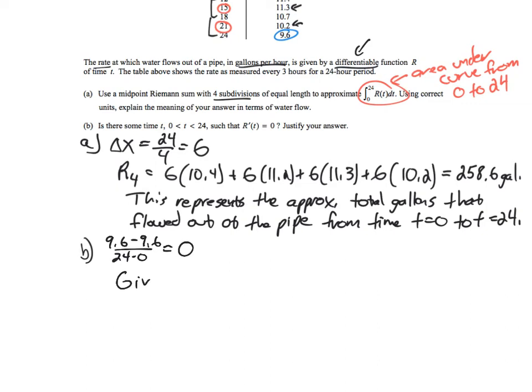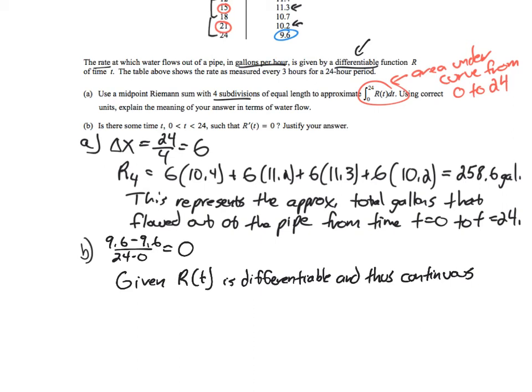So given, and let's be specific, let's use the name of the function, r of t. Given r of t is differentiable and thus continuous. It doesn't say continuous. We're making that determination, right? We're understanding that if it says it's differentiable, that means it's also continuous. And where is it differentiable and continuous? I don't know if it's over the whole function, but I do know from 0 to 24, the data points we have, it is.